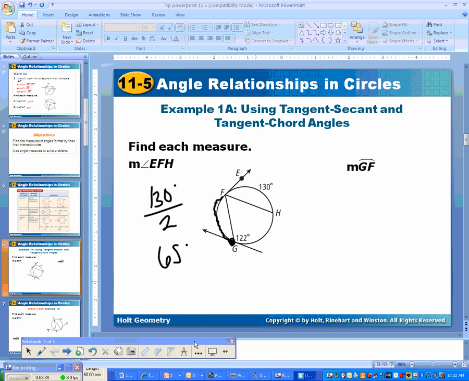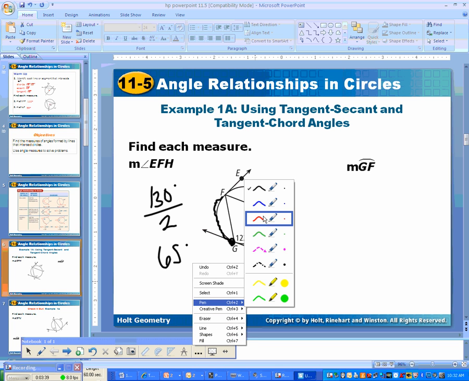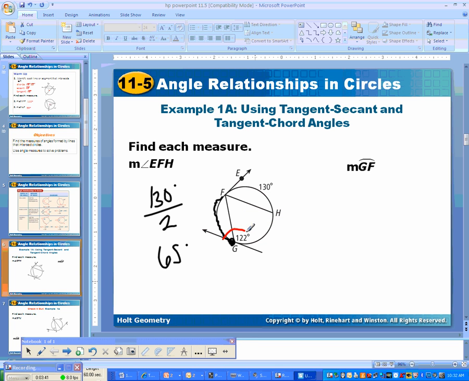If you notice that 122 degrees is a linear pair, that means that if you add these 2 up, they equal 180 degrees. So 180 minus 122 is going to be 58 degrees. So this angle right here is 58 degrees. Now, if we want to figure out the arc, which is bigger, you're going to multiply by 2. So 58 times 2 is 116 degrees. So the measure of arc GF is 116 degrees.